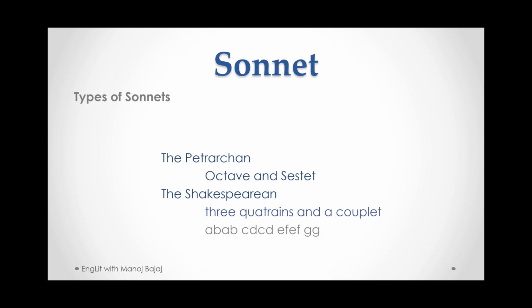The sestet is divided into 2 stanzas of 3 lines each, normally called tercets. The rhyme scheme of the sestet is CDC, CDC, and sometimes it may also be changed into CD, CD, CD or CDE, CDE.